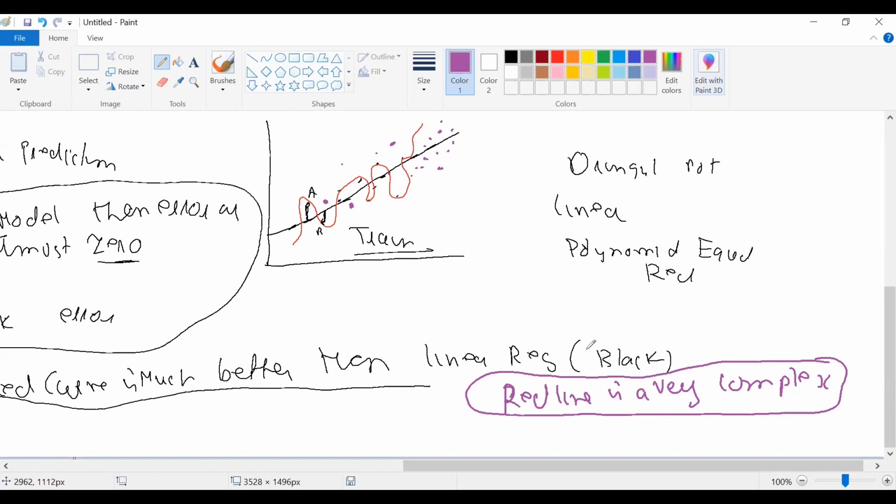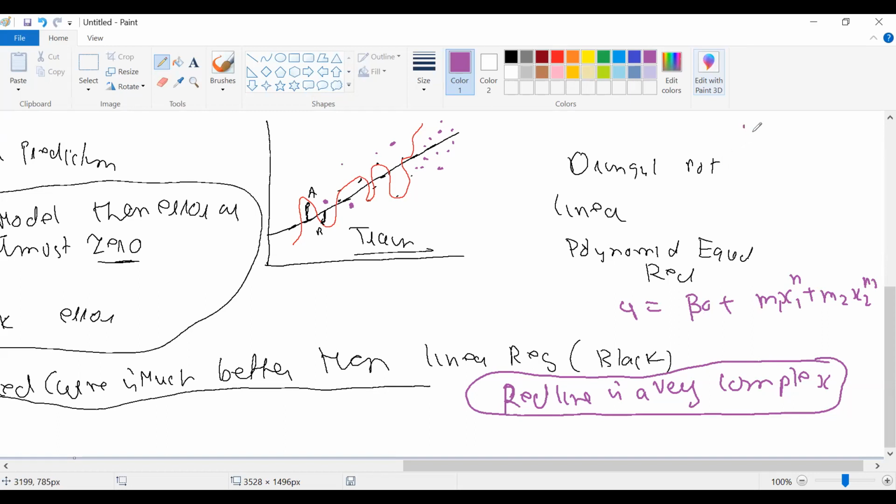Now, if it is a polynomial, then equation may be something like this. Y is equal to beta naught plus m1 x power n plus m2 x2 power n2, something like this. It would be linear तो नहीं है, it would be having some high degree polynomial.